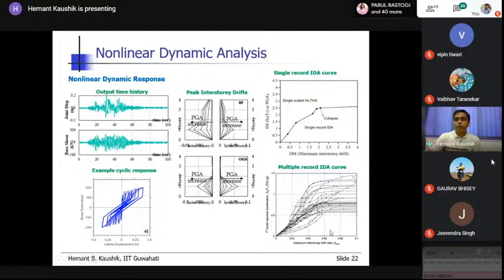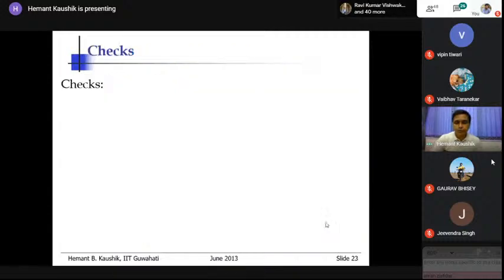You can consider hundreds or thousands of ground motions with different values of PGA and spectral acceleration, and do the same incremental dynamic analysis and plot these results. Then you can see which are the ground motions for which the structure failed and at what level. Whatever you want to do, the opportunities are endless.